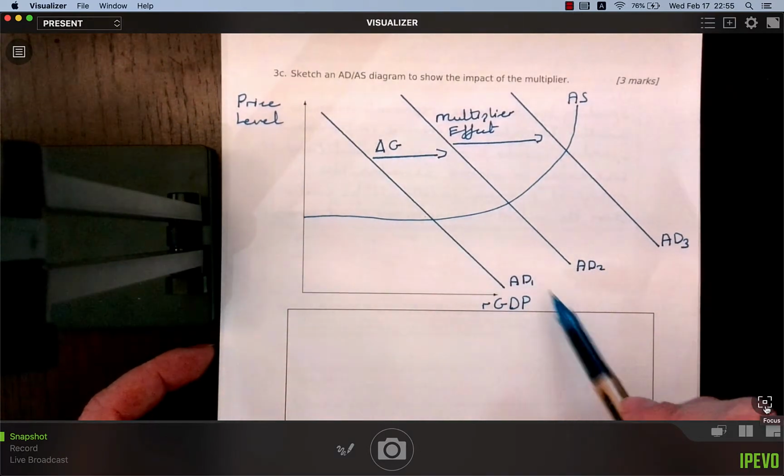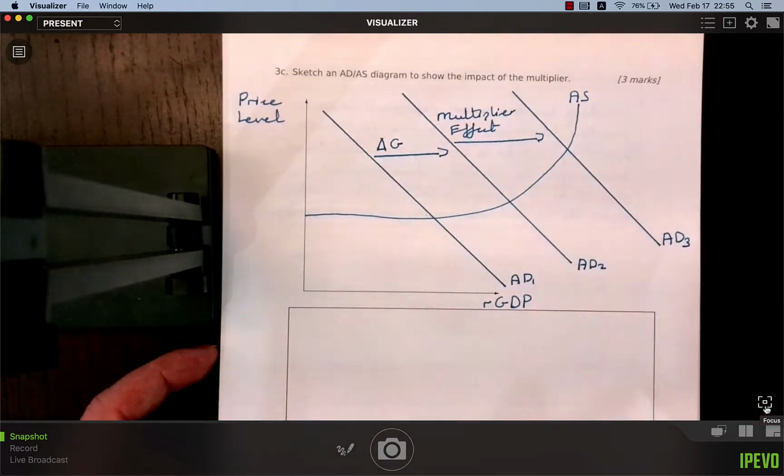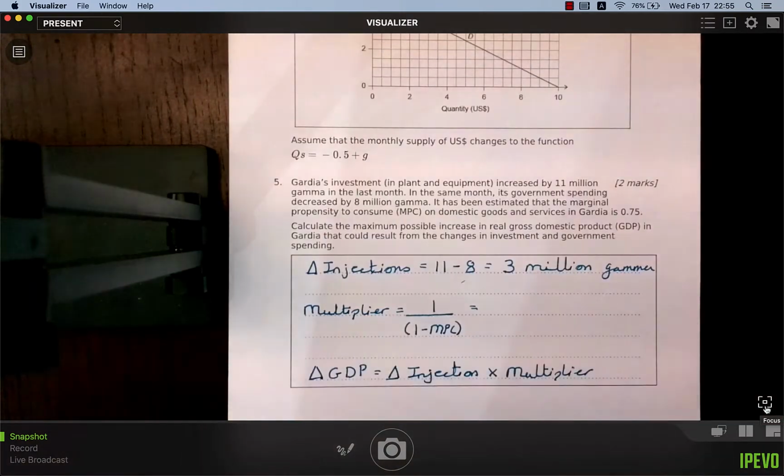Some of it is eaten up by inflation. So what's the maximum possible? If there was no rise in prices, that entire change in spending would just cause a change in real GDP.